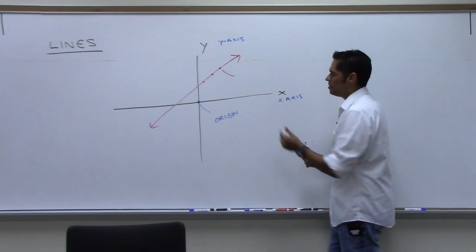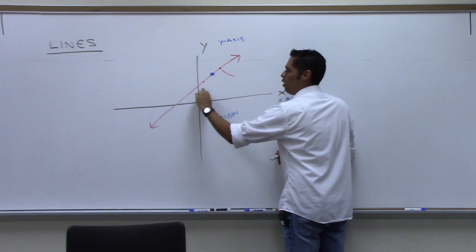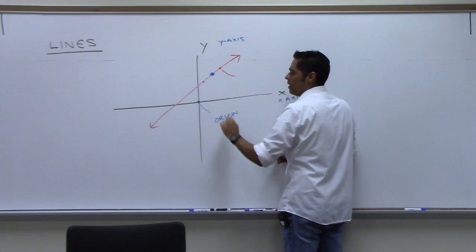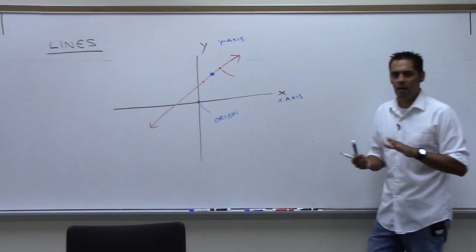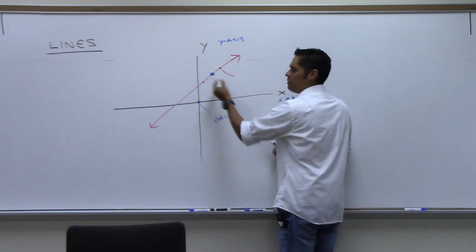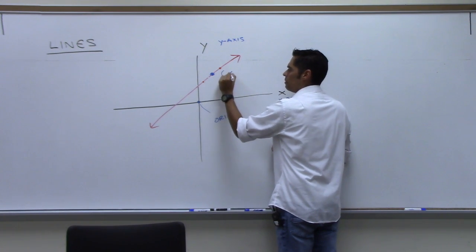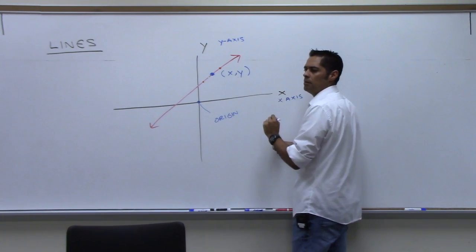And to get to, let's say, this point right here, I could just walk straight out there, couldn't I? But to make it so that we all have a systematic way of getting to that point, we give this point a set of what we call coordinates, and we write them x, y.